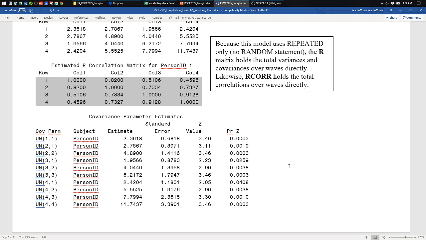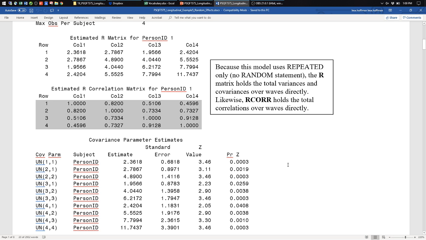Well, let me decode it for you. UN refers to the unstructured matrix, that's R. 1, 1, can you guess? Row column, yeah. Row 1, column 1. So asking it to print R just basically takes that table and puts it in a way that's easier to read.